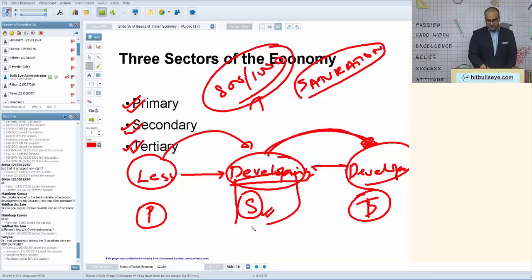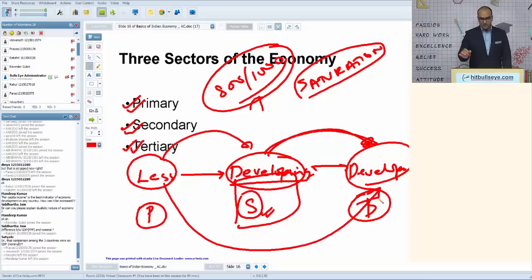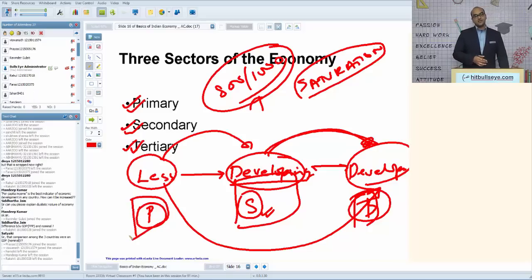this particular phase, that is the domination of the secondary sector, never came in the development of our economy. We straight away shifted from the dominance of the primary sector to the tertiary sector. Now, the reasons for this particular phenomenon are manifold.